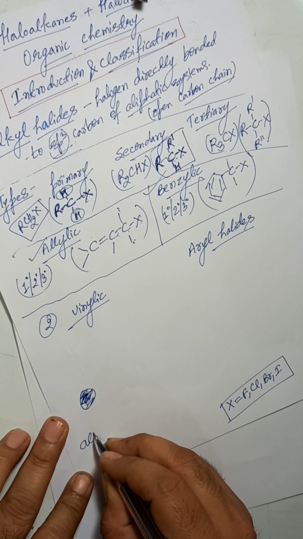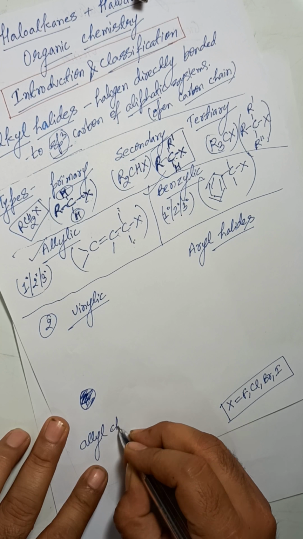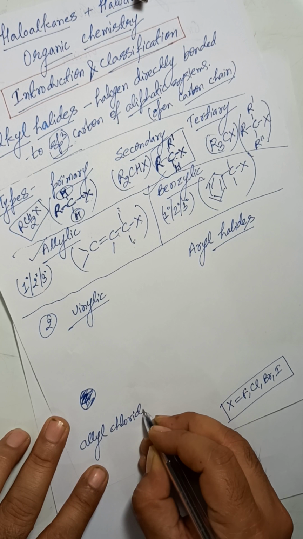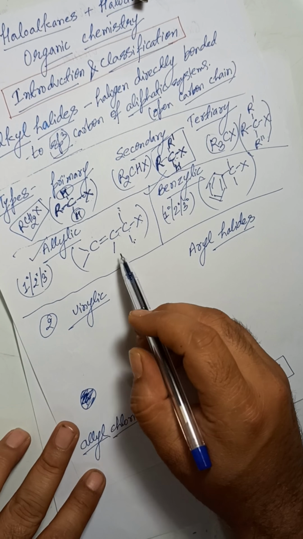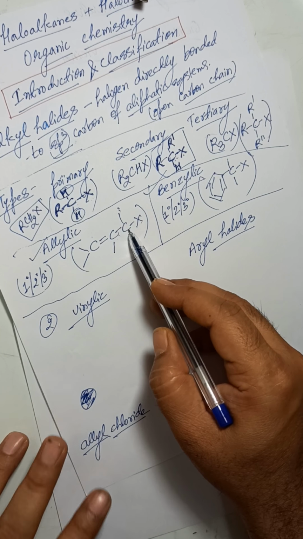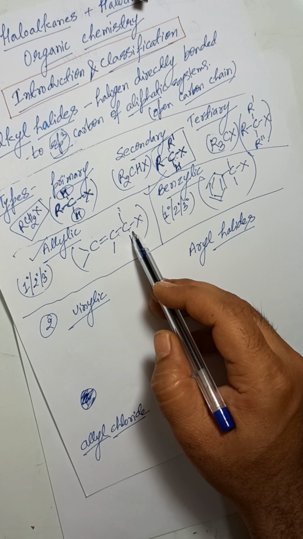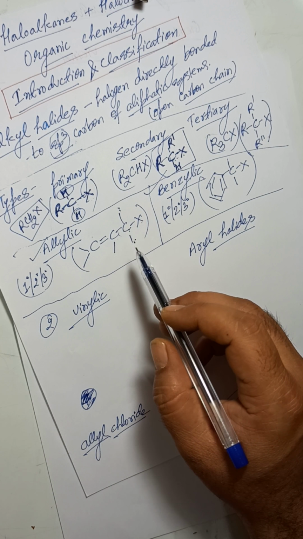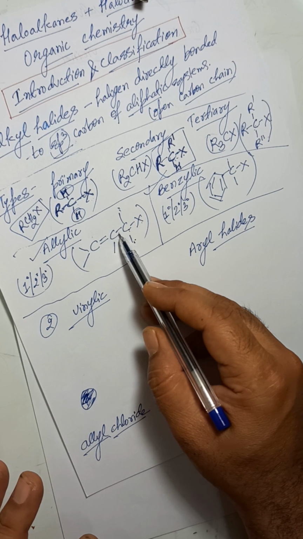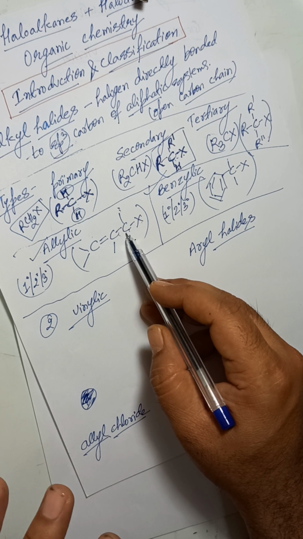If somebody asks me what is allyl chloride, let me tell you one more thing. This position itself is an allylic position. The carbon adjacent to the double bond, that position is called allylic.